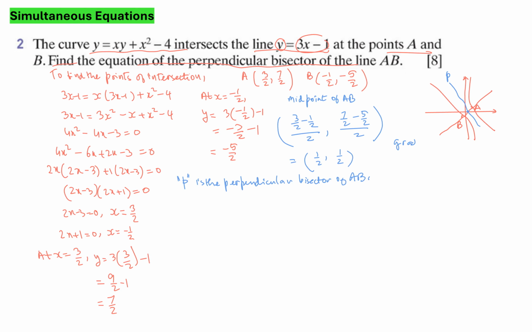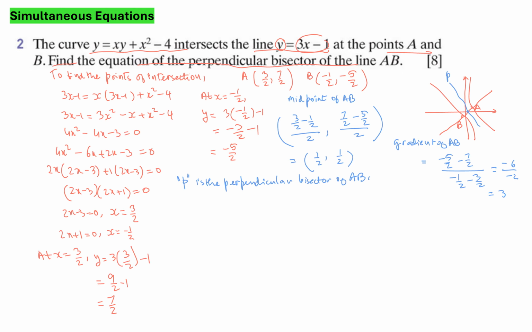So the gradient of AB is equal to minus 5 over 2 minus 7 over 2, that is y2 minus y1, over minus 1 over 2 minus 3 over 2, and that is minus 12 over 2 divided by minus 4 over 2, which is equal to 3.